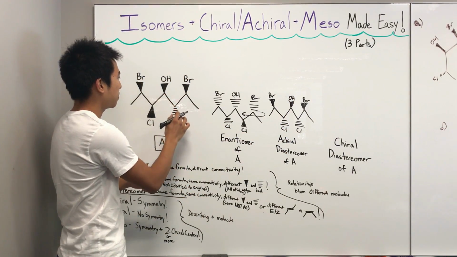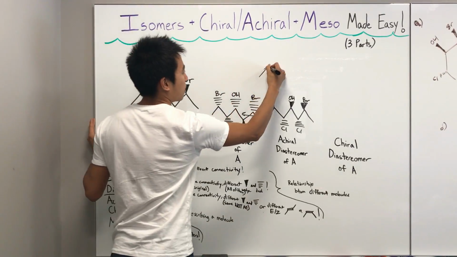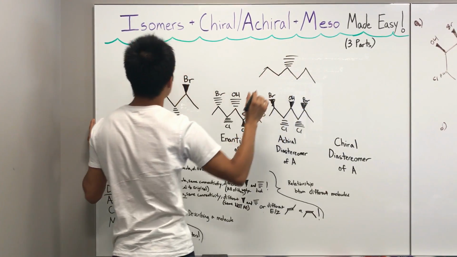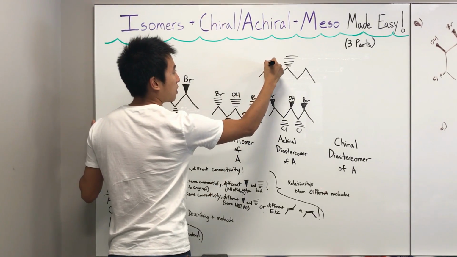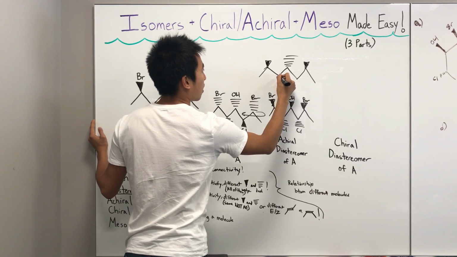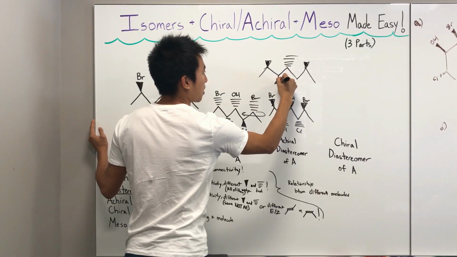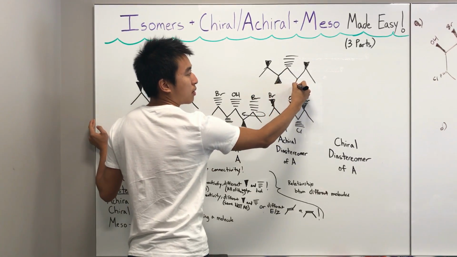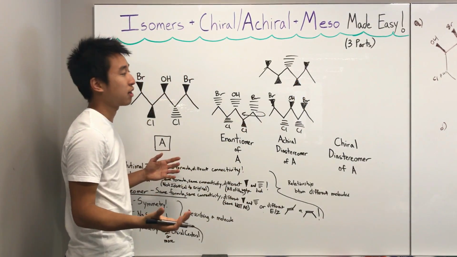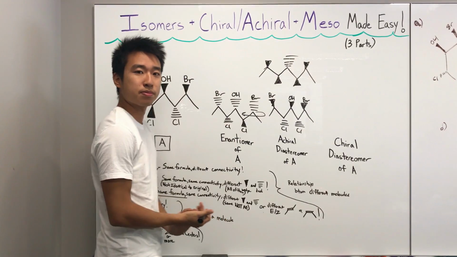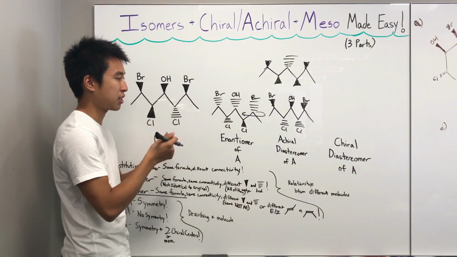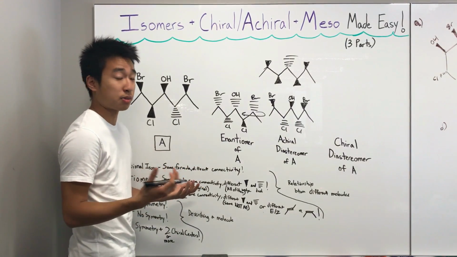If you turn this into a dash, and then keep these wedges, keep that as a wedge, and then turn this one into a wedge, well then, that's also an achiral diastereomer, another plane of symmetry. So there's really quite a few ways you can play with this molecule and its wedging and dashing to create an achiral diastereomer.